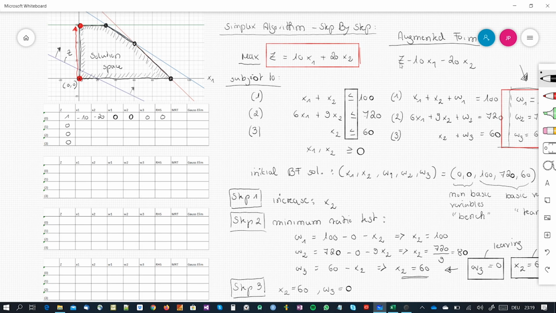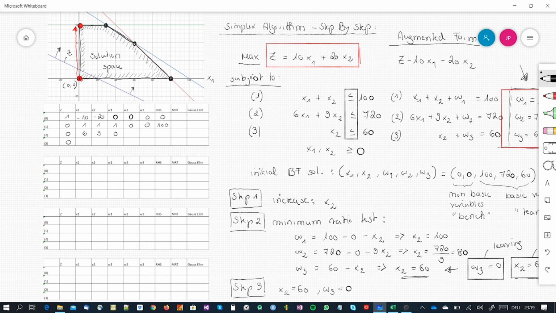And now I do the same for all our constraints. That is, for the first constraint, 1 x1 plus 1 x2 plus 1 slack variable, and the other two are 0, and the right-hand side is 100. Now for the second constraint, I have a coefficient of 6 for x1, 9 for x2.